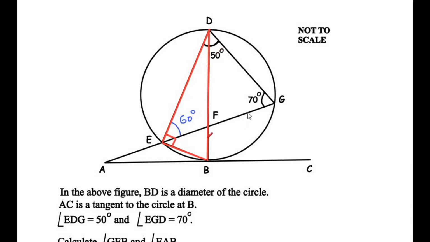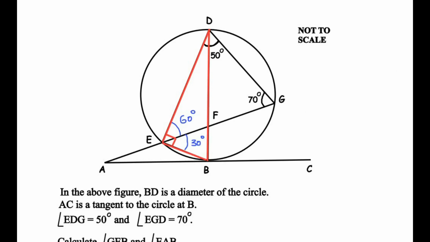Now we have already got the value of angle DEG as 60 degree and we know that the total angle DEB is 90 degree. So now it becomes very easy to find out the angle GEB, that is by subtracting the 60 degree from the 90 degree. So we get the value of angle GEB as 30 degree, that is 90 minus 60.